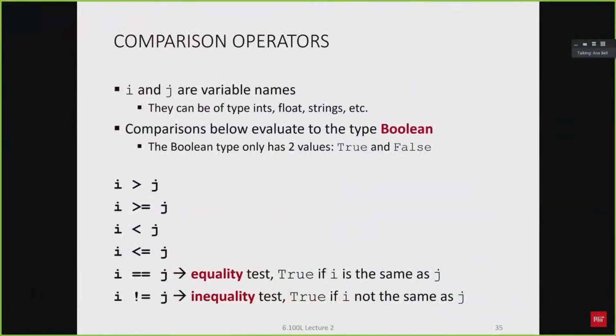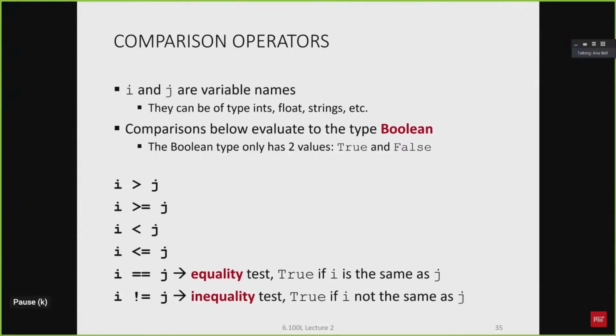So here's a bunch of other operators that we can run on any type, really, in Python. Most of the time, we're going to run them on numbers, but they can be run on strings and things like that as well. So obviously, the double equal sign checks for equality. So if i is the same as j, this entire expression is replaced with true. And if they're not equivalent, this entire expression is replaced with false.